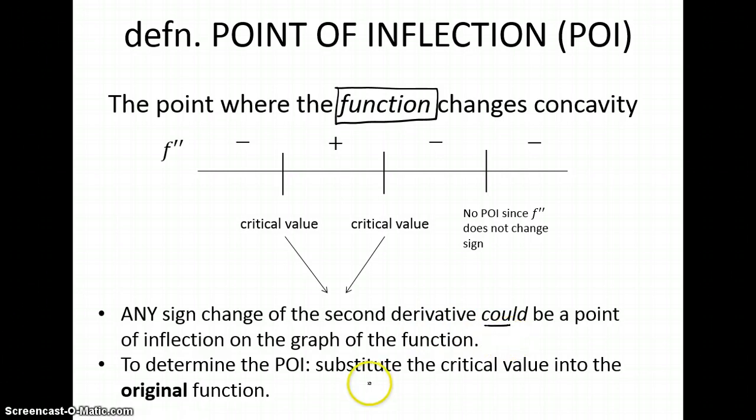To determine the point of inflection, substitute the critical value back into the original. Now I say it could be because even though there's a sign change on the second derivative, it might not be a point on the function. That's why we always plug back into the original. If there's no sign change, then no point of inflection could ever exist. So we wouldn't even have to test that critical number.